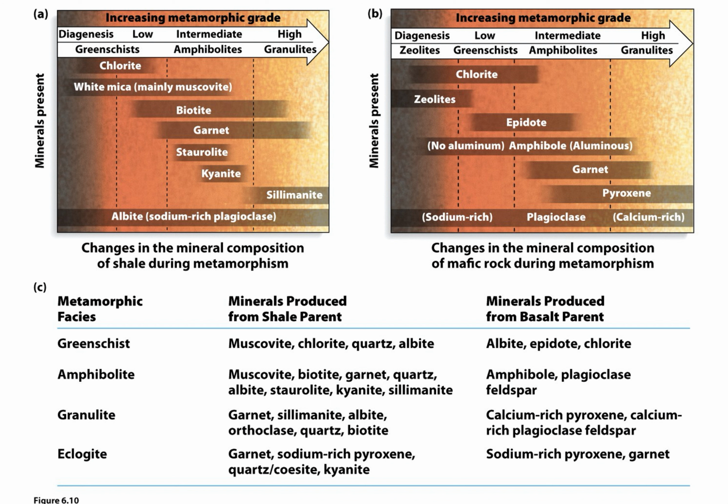So, under eclogite facies conditions in the parental shale you have garnet and sodium-rich pyroxene. That sodium-rich pyroxene is a jadeite, for example, along with quartz, coesite, and kyanite, whereas in the parental basalt you have the sodium-rich pyroxene, in this case an omphacite, and garnet.